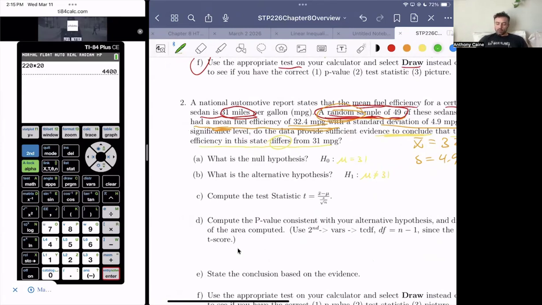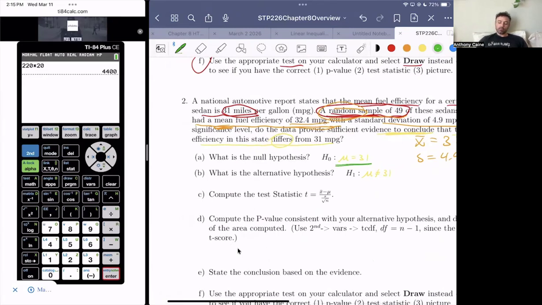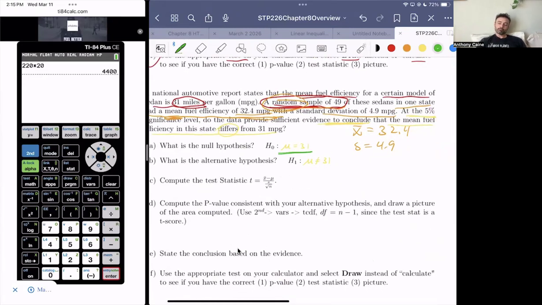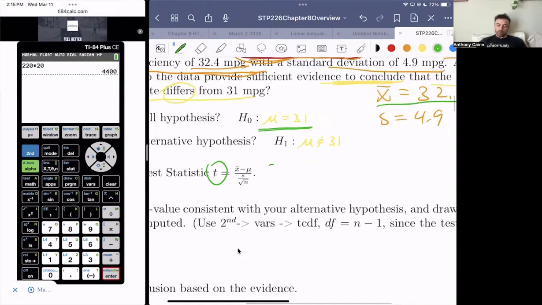All right, so if in fact mu was 31, if that is true, it's possible that when we sample these 49 cars, we just got a couple of Priuses, man, and it just drove up this sample average. That's very possible. So we need to compute a test statistic in order to get a sense of how far away we are from the average. Okay, so my 32.4 minus my 31, that's the numerator, divided by S, which is 4.9, divided by the square root of our sample size, which is 49.